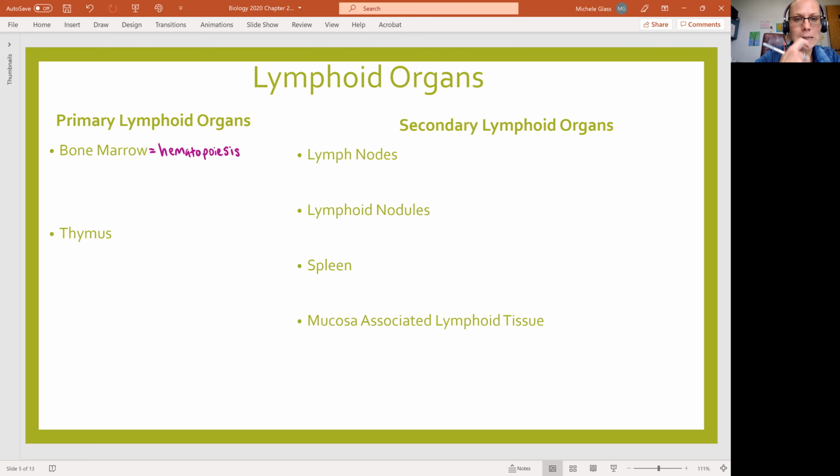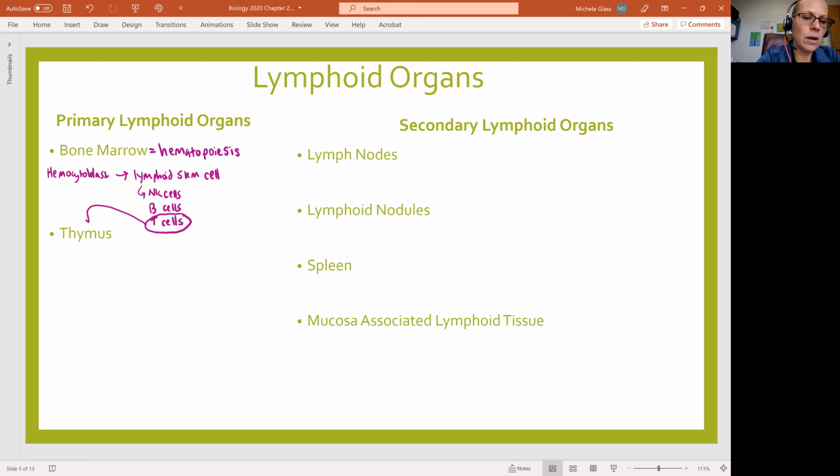And so we will see that the beginning process, the hemocytoblast, is going to divide to give rise to the lymphoid stem cell. And the lymphoid stem cell is going to give rise then to the NK cells and the B cells and the T cells.